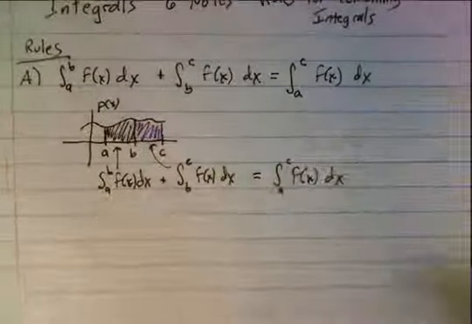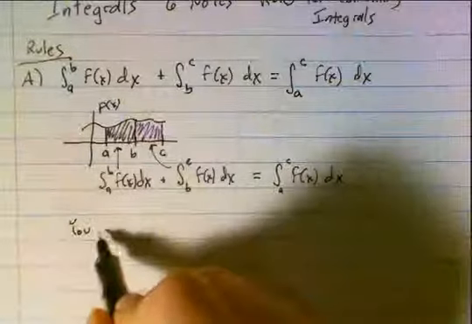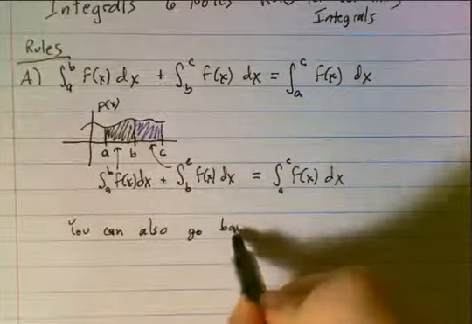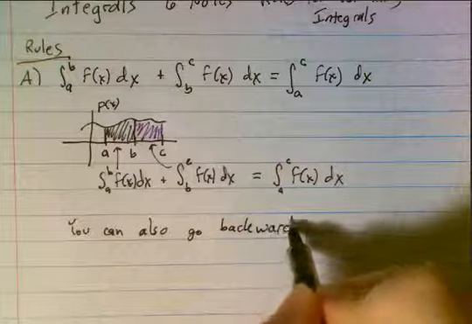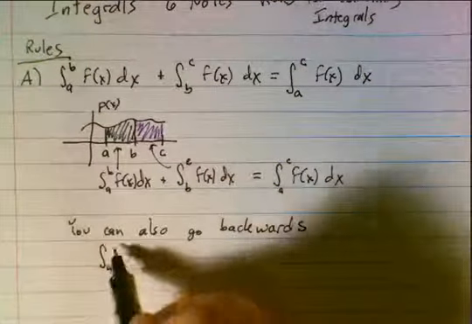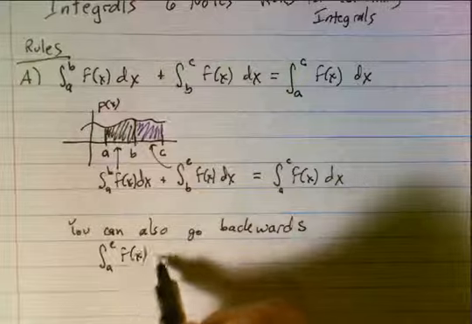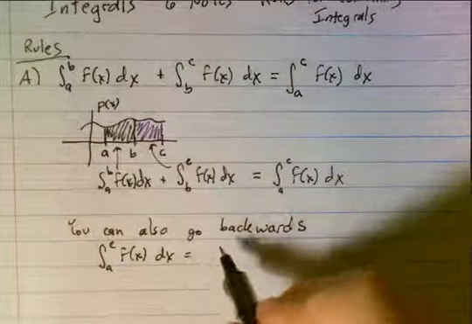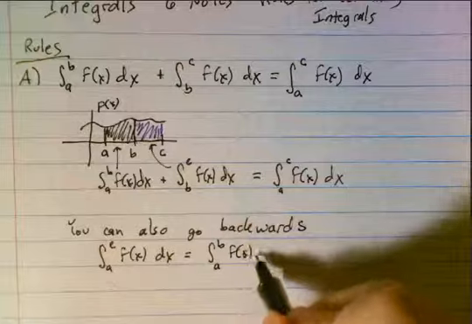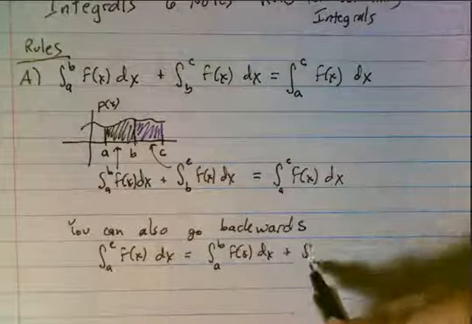The nice thing about this one is you can also go backwards. The integral from a to c of f of x dx is equal to the integral from a to b of f of x dx plus the integral from b to c.